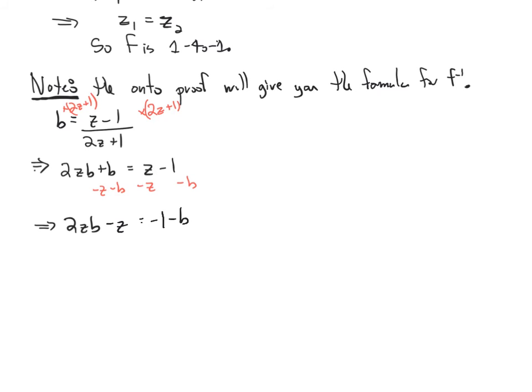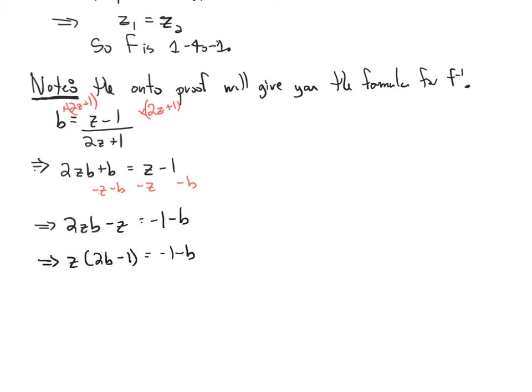Now to solve for z here, we'll just factor it out, and then divide by whatever's left. So let's factor out this z. We get z times 2b minus 1 equals negative 1 minus b.